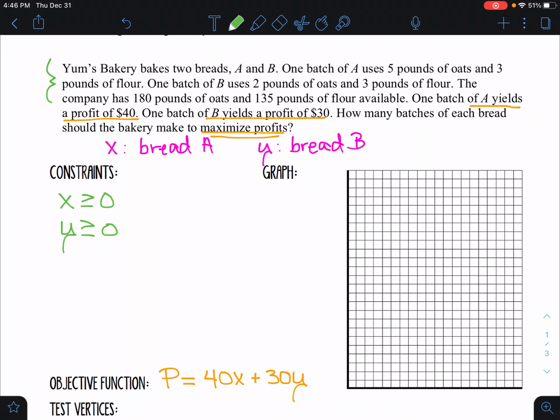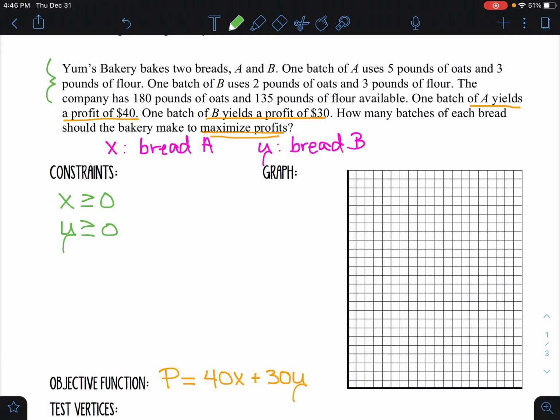Now let's get up into our problem here and take a little bit more of a closer look. So we have two breads, A and B. One batch of A uses 5 pounds of oats and 3 pounds of flour. One batch of B uses 2 pounds of oats and 3 pounds of flour. The company has 180 pounds of oats and 135 pounds of flour available. So in this one, they're trying to trick you.